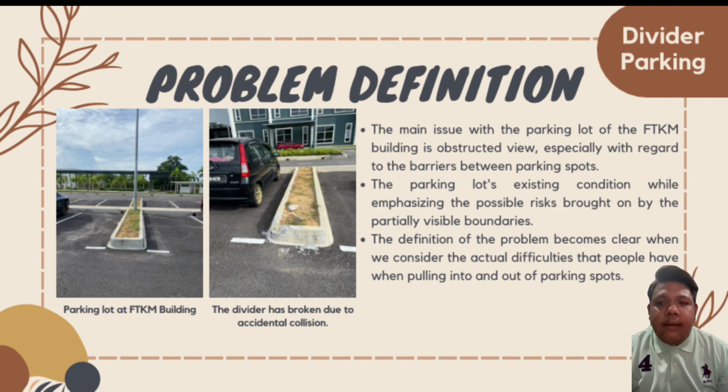As the image shows, the dividers are out of the driver's line of sight, producing a situation that is dangerously close to collisions. The definition of the problem became clear when we consider the actual difficulty that people have when pulling into and out of the parking spot.